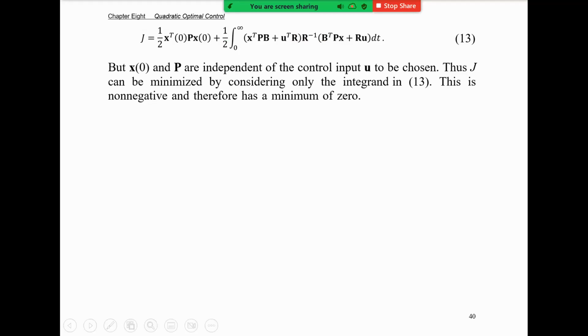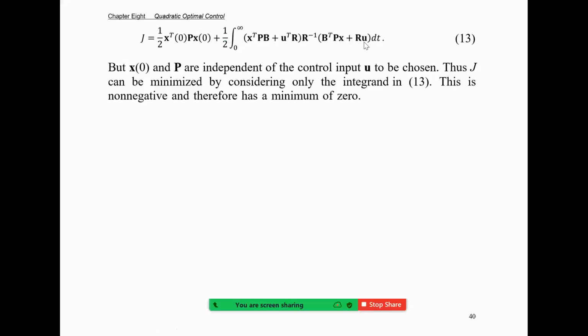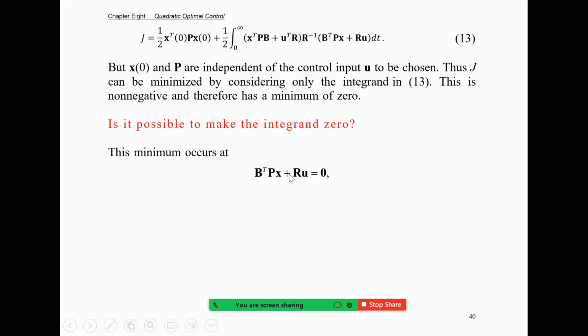Now the question is, can we make this one to be 0? Then you design your controller properly. You say, okay, I just put this vector to be 0.